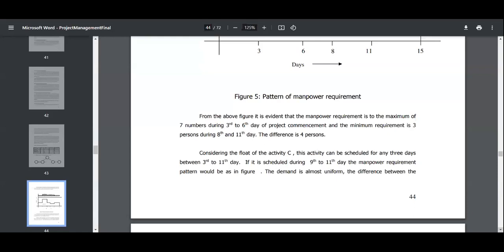Sometimes some work is very technical, but it is sufficient to do that particular work, right? So next, considering that flow, whatever the activities, C, yeah? Because C depends on A and B. So whatever the activity C is, these activities can be scheduled for any 3 days, because they already mentioned the time.